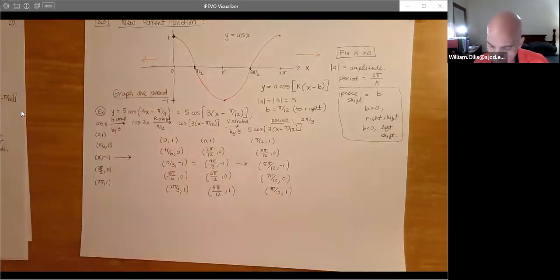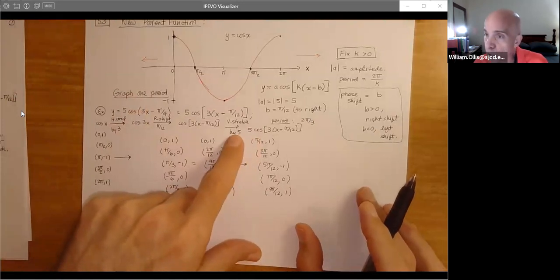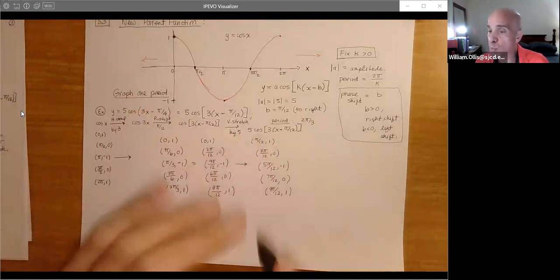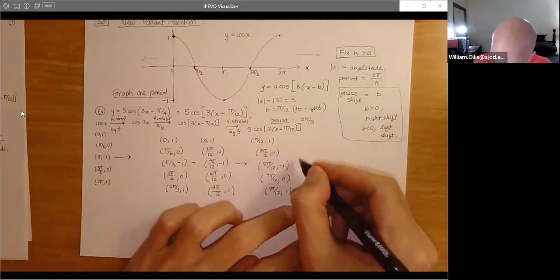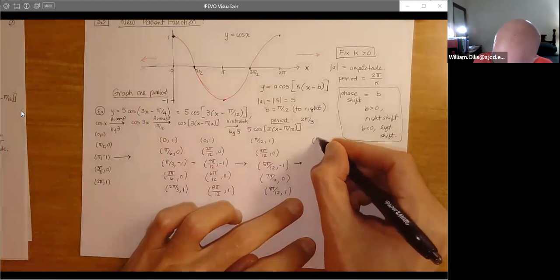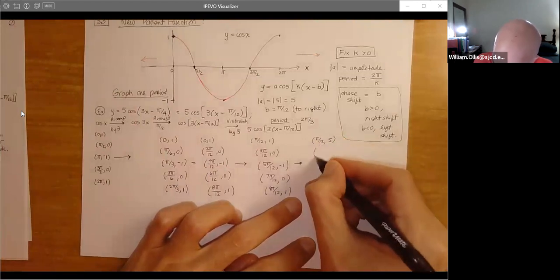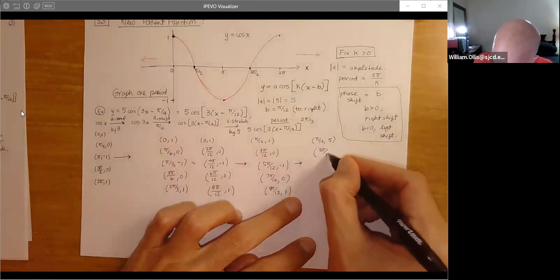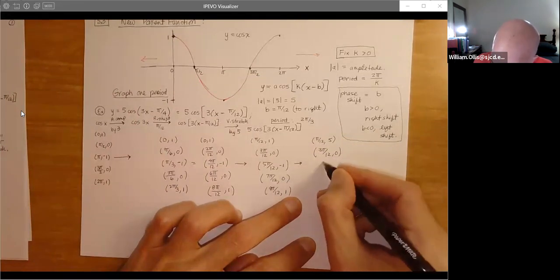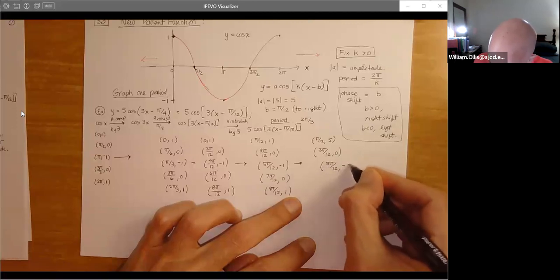And then now we'll do the easy part. We'll just multiply all of the y coordinates by 5, and we got our new points, which we can plot, and we're done. So now, pi over 12, 5, 3 pi over 12, 0, 5 pi over 12, negative 5.